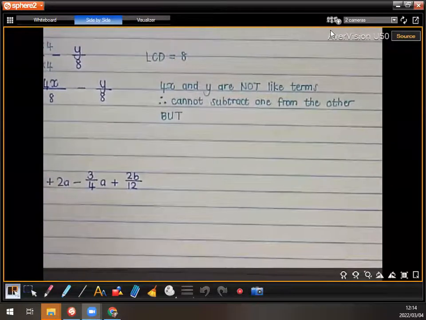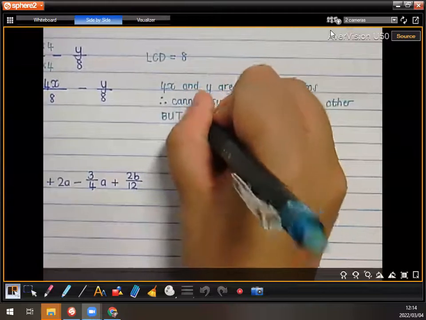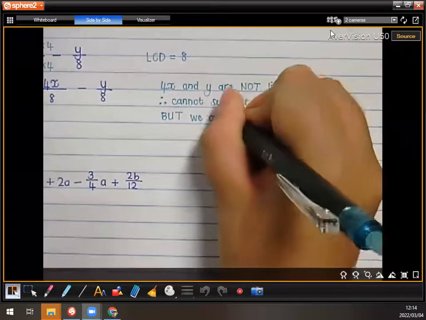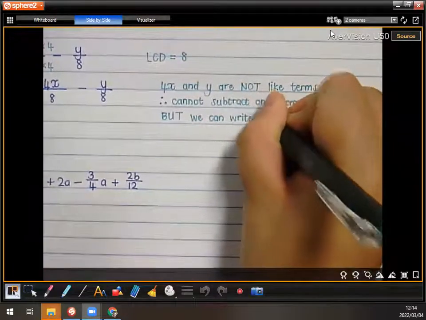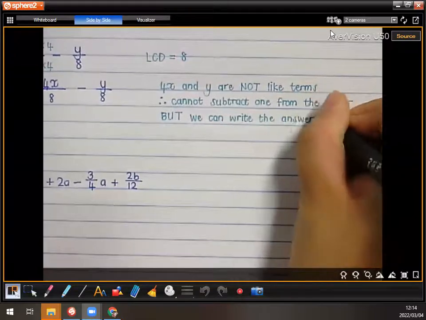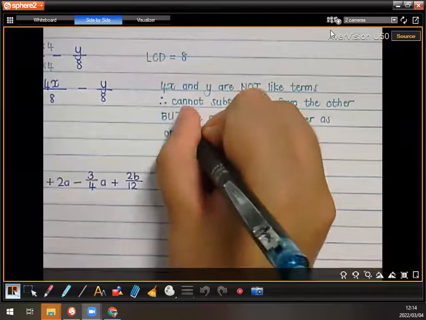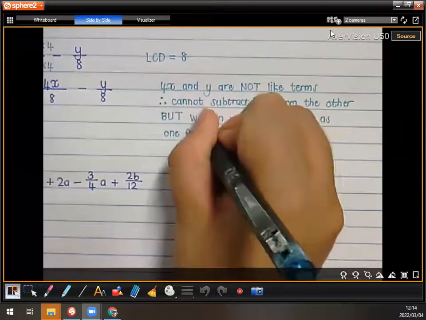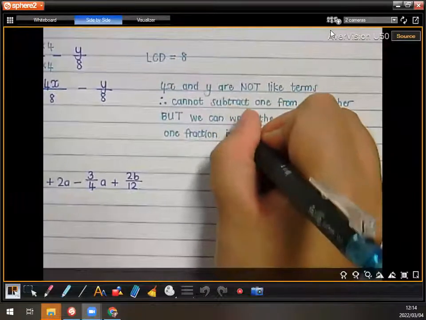So we are actually just going to write that as one fraction instead of two separate ones. Okay, so I'll show you now how to do that. We can write the answer as one fraction instead of two.